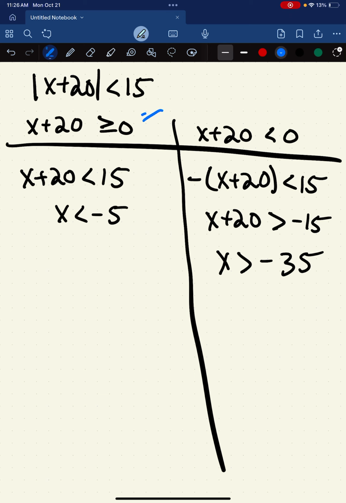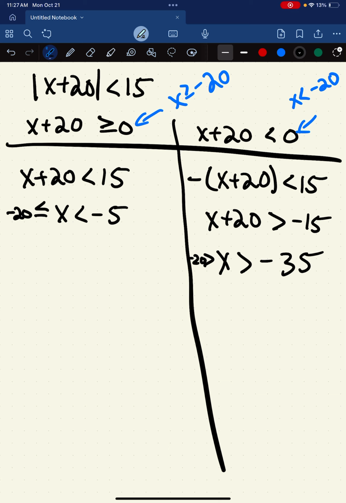Notice in this case, we also have this condition, which is the same thing as x is less than negative 20, while the first case is the same thing as x is greater than or equal to negative 20. So we could throw that in there and say, well, here x has to be greater than or equal to negative 20. And here x has to be less than negative 20.